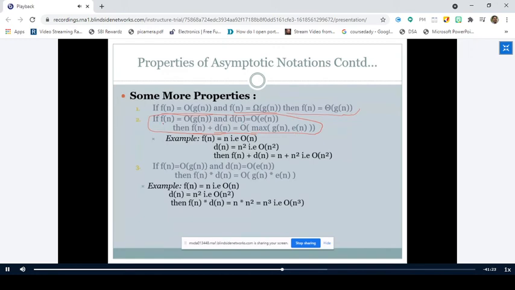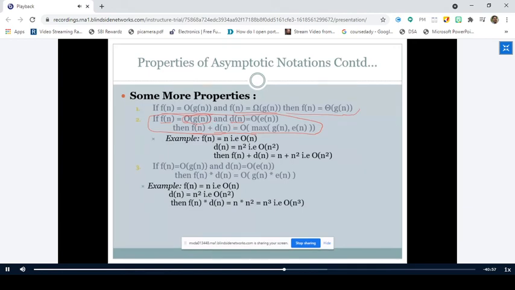We are taking two functions, f of n and d of n. What is the time complexity of f of n? Big O of g of n.